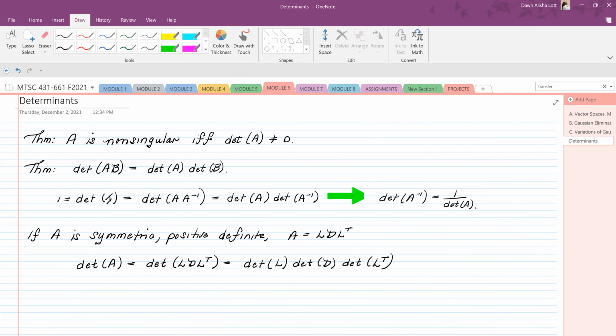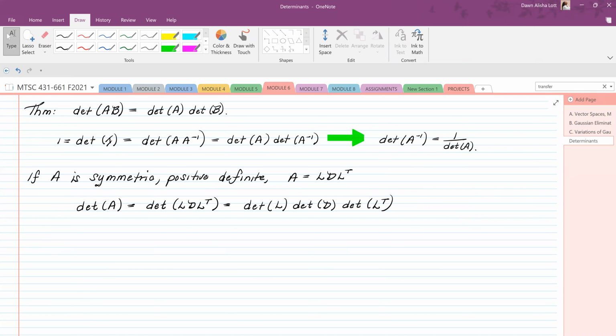What do you know about the determinant of a lower triangular matrix, or an upper triangular matrix?